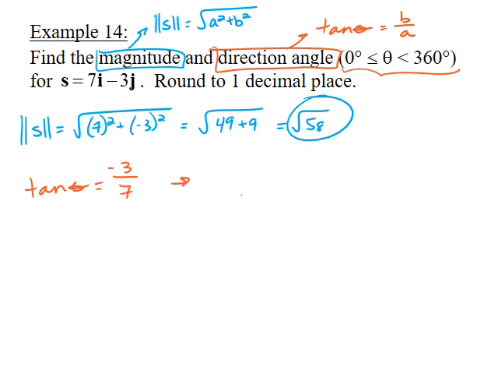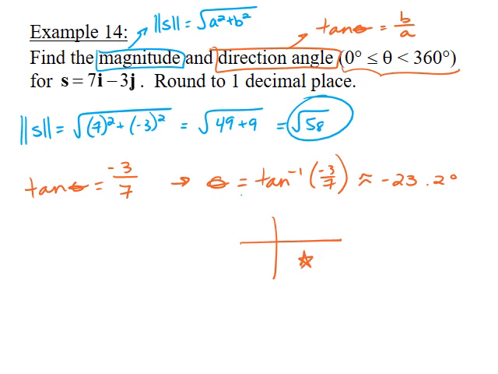If I take tan inverse of both sides, I find that theta is tan inverse of -3/7. In my calculator, I'm going to make sure it's in degree mode, and this gives me approximately -23.2 degrees. Now, this is a problem because this angle is in quadrant 4.